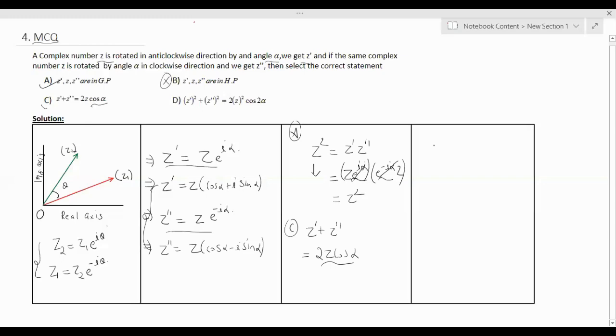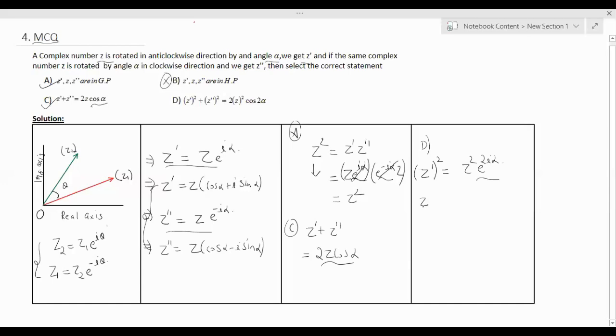Similarly, the last option tells us to square them and then add. So after squaring, I'm going to deal with them separately. Z dash is Z into e power I alpha, so Z dash square will be Z square e power 2I alpha. If you square it, this will get squared.